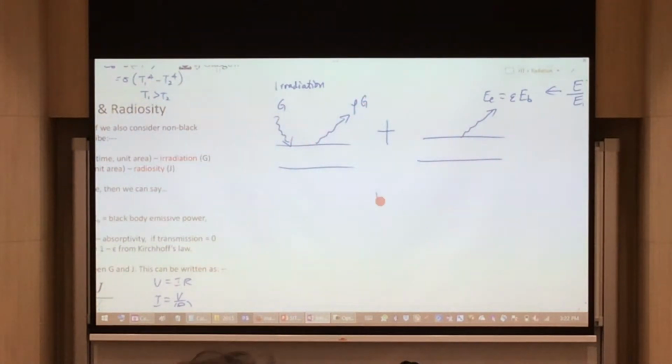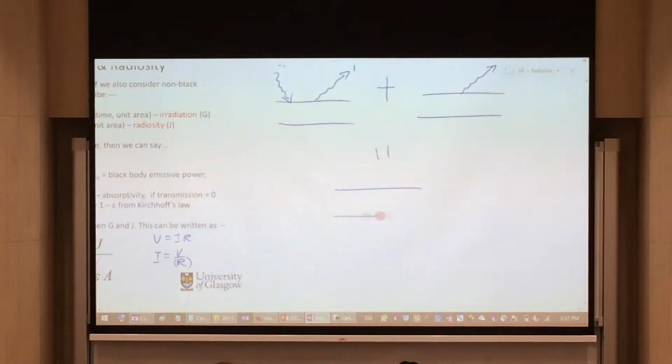So if you add these two, it will be equal to a radiative heat, or what we call the irradiation, coming in, and then you have part of it that's reflected, and by itself it has a surface temperature, so it has this emitted radiation as well. These two together, we call J, and J has a unit of watts per meter squared, and the term for J here is called radiosity.